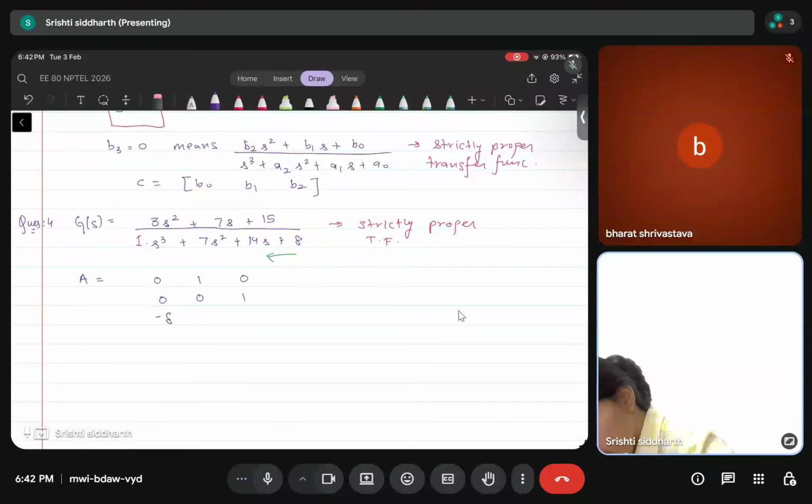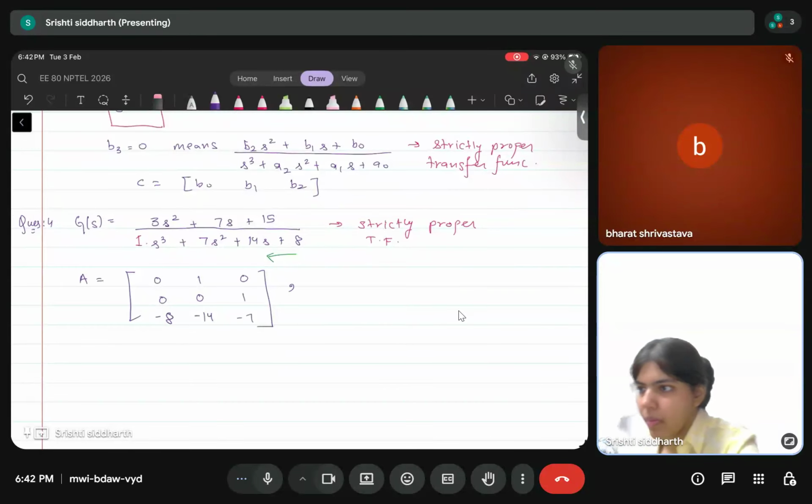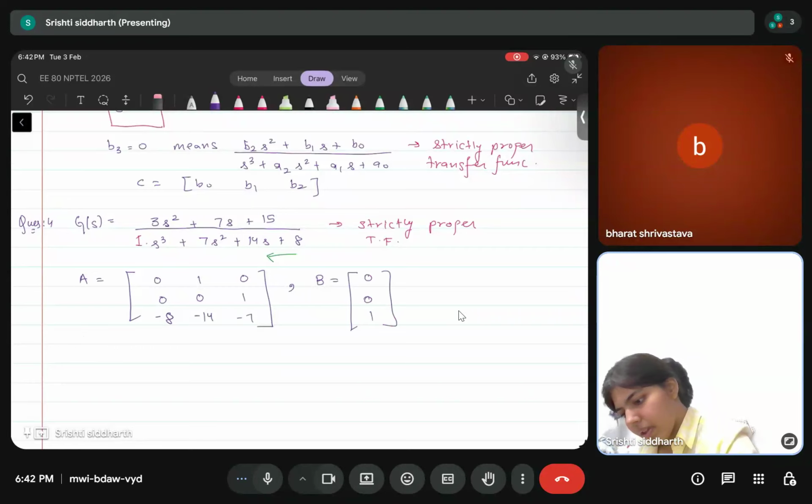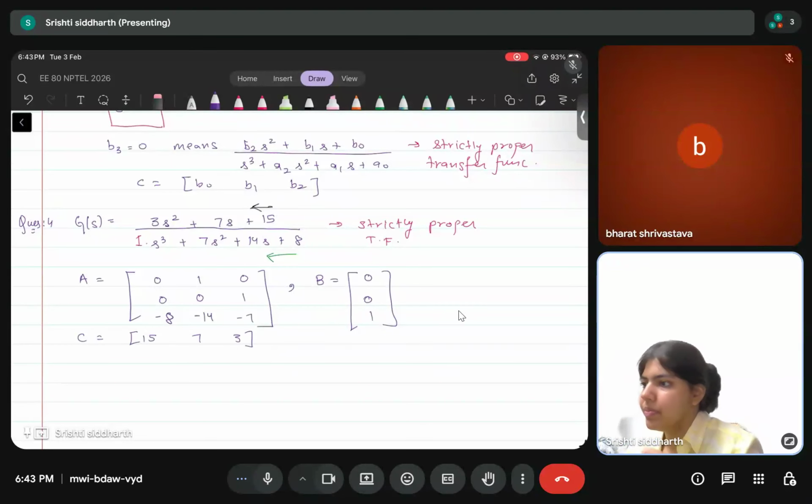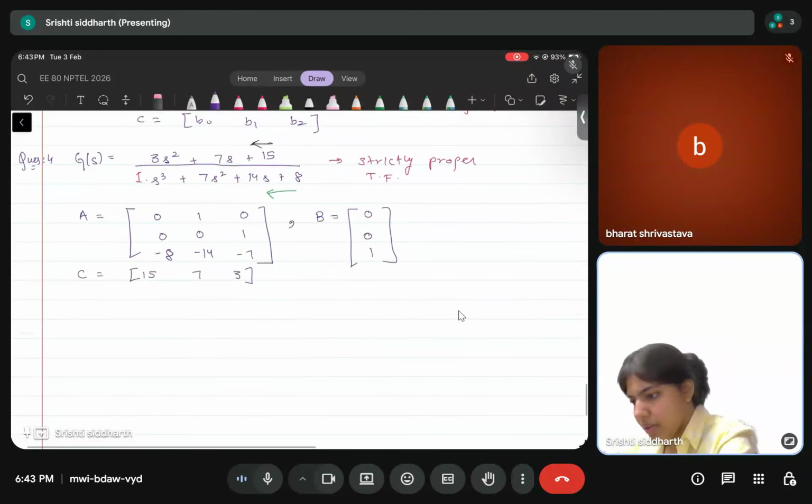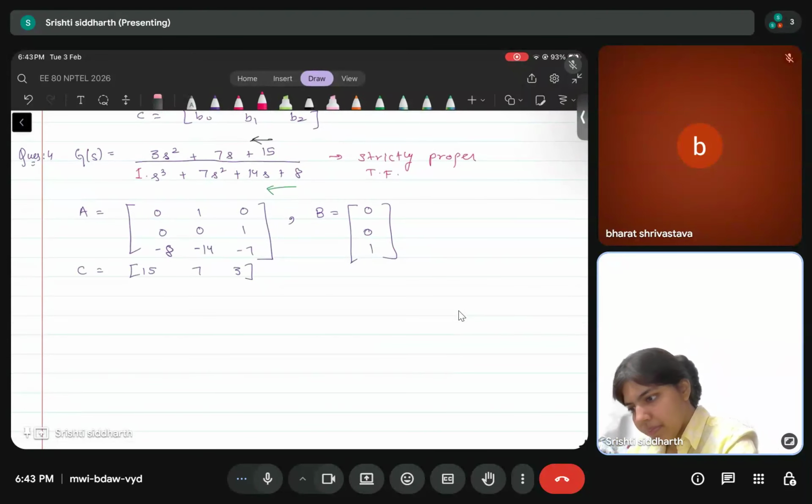So this is minus 8, minus 14, minus 7. B is 0, 0, 1, and C is simply, okay, so we'll start again in this direction. This is 15, 7, and 3. Alright, so this is in the first companion form.